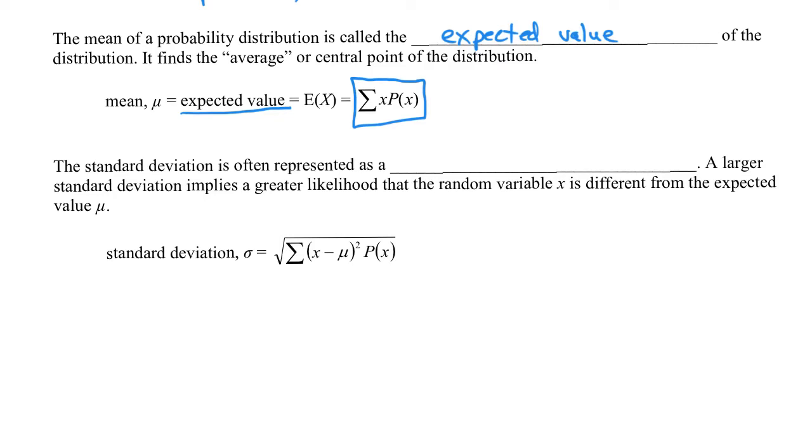And then the other one that we become aware of but we don't do too much with is the standard deviation, which is often represented as a measure of risk. A larger standard deviation implies a greater likelihood that the random variable x is different from the expected value, mu, which makes sense. Remember standard deviation, think back to when we had Team 1 and Team 2.